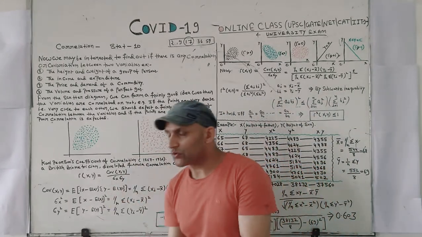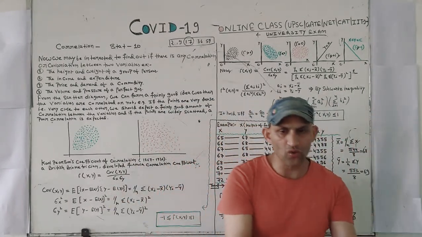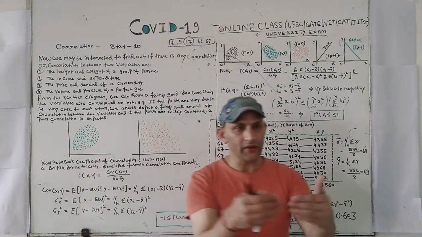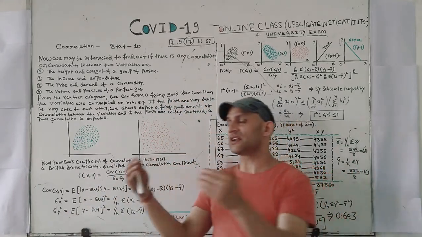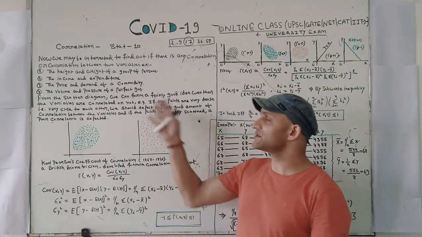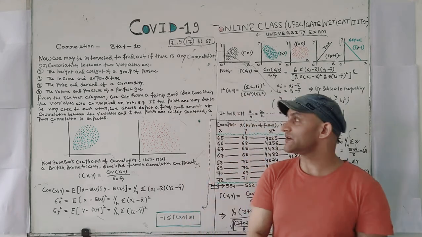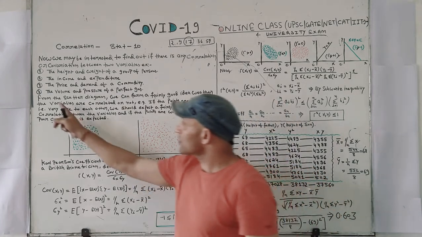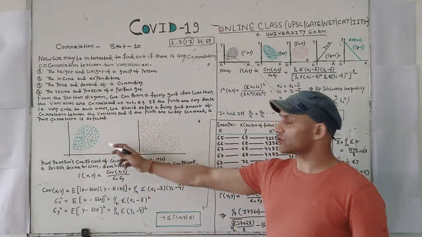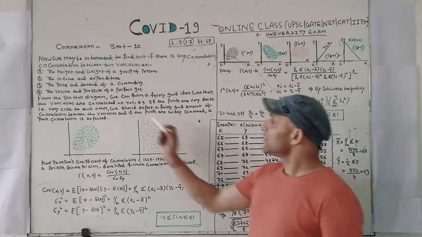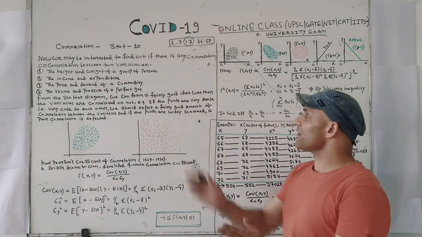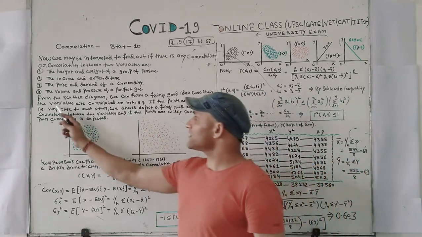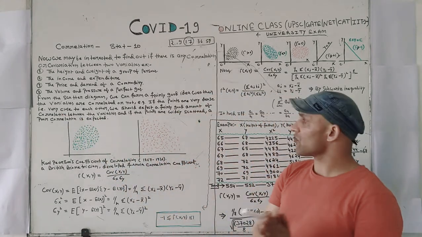Correlation means whenever you have two data and you are finding the relationship between the two data, that is the correlation. How to measure it is very important whenever you are doing research. From the scatter diagram, we can form a fairly good idea whether the variables are correlated or not.